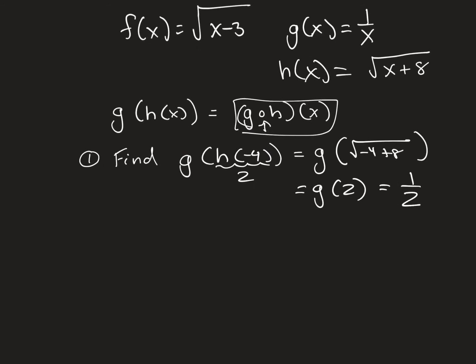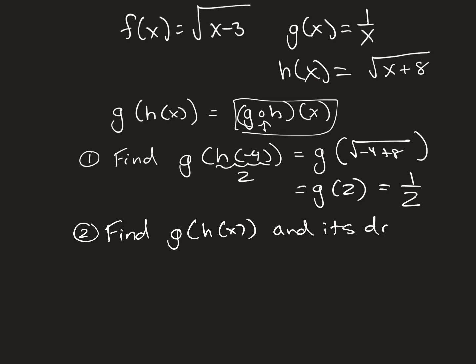Well, what if I asked you to find g of h of x and its domain? Here's how I go about this, because it's helpful in finding the domain. I'm putting into the g function h of x, which is the square root of x plus 8.